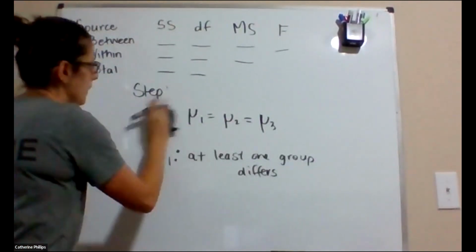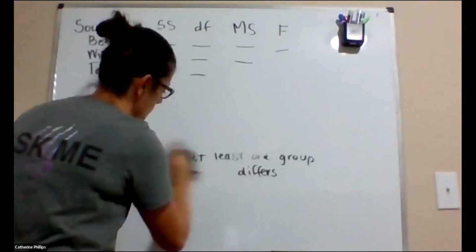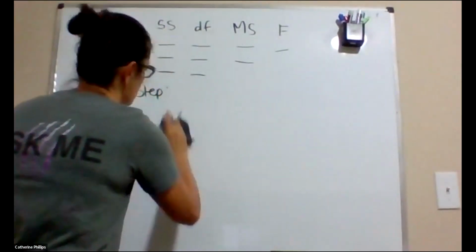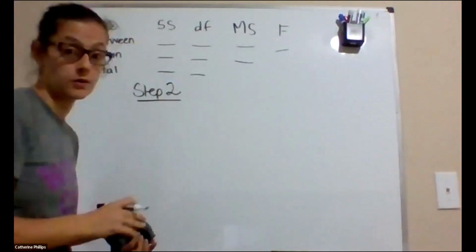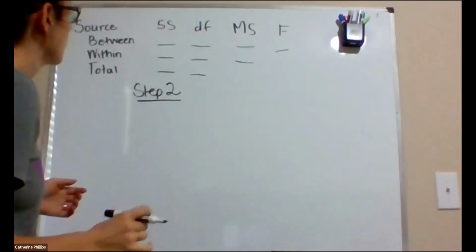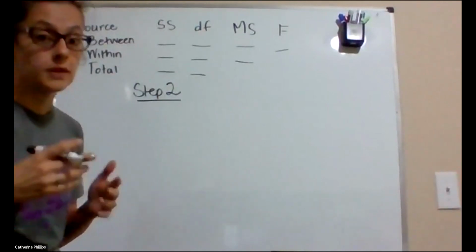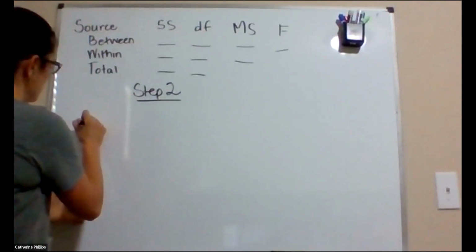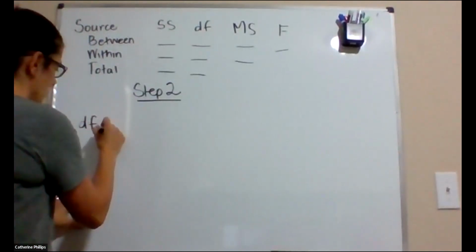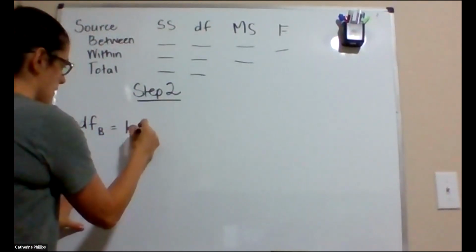Step 2 of the hypothesis testing procedure is that we need to find our critical values, the values that we will compare to, just like as before. In order to do that, we need our degrees of freedom between and our degrees of freedom within. Degrees of freedom between is k minus 1.